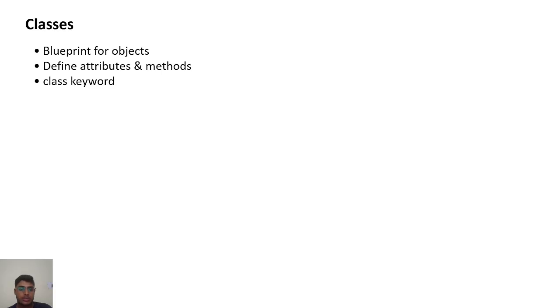A class is a blueprint for creating objects. It contains attributes, like variables, that store data, and methods, which are functions that define the actions an object can perform. Its syntax is just to write class and the class name.